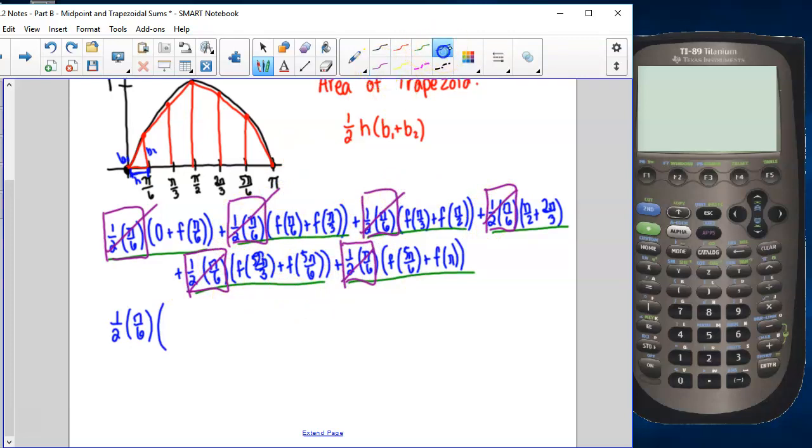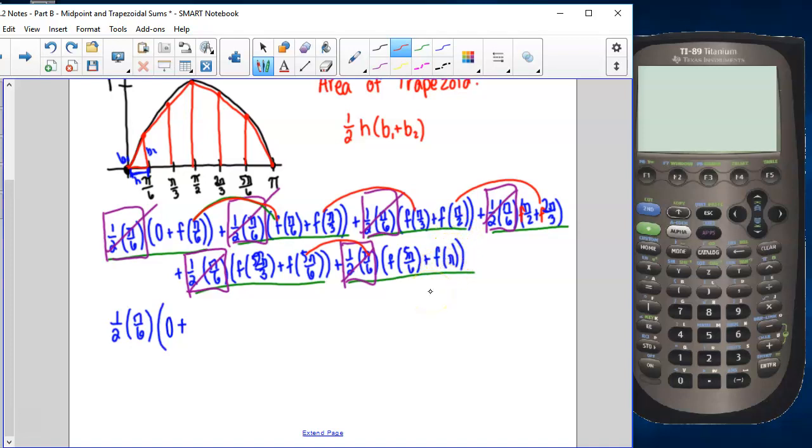So if I pull all those out front, then I've got 0 plus f of pi over 6 plus f of pi over 6 plus f of pi over 3 plus f of pi over 3, right? So you'll notice that a lot of these are there twice. You've got the f of pi over 6, the f of pi over 2, the 2 pi over 3, and then the 5 pi over 6.